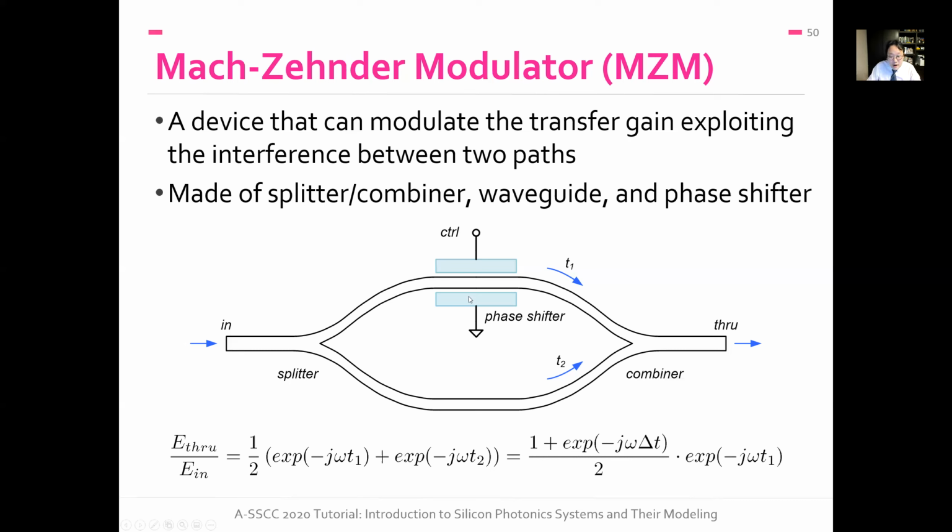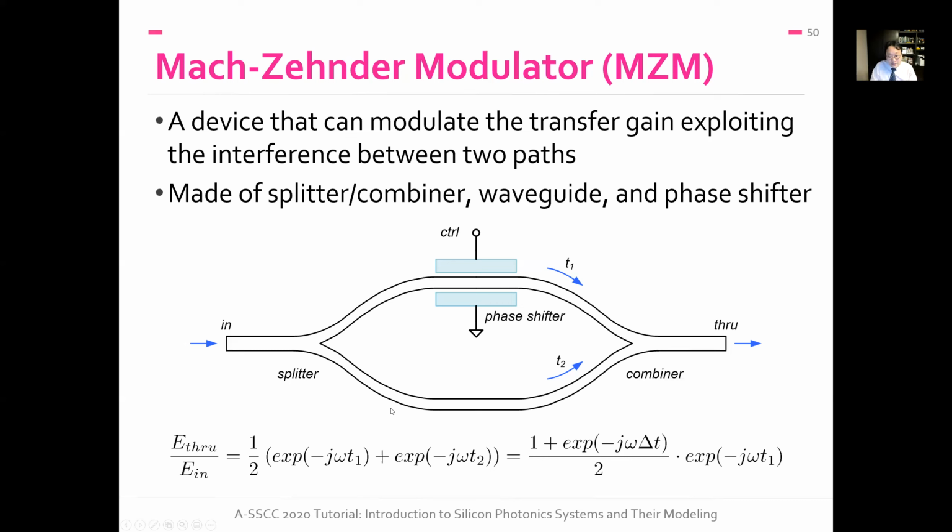But if you modulate the propagation delay on one of the paths so that the phases of these signals become different, and in certain conditions, let's say these phases are totally opposite, then when you combine them, they subtract each other and cancel each other, and you get nothing out, right?